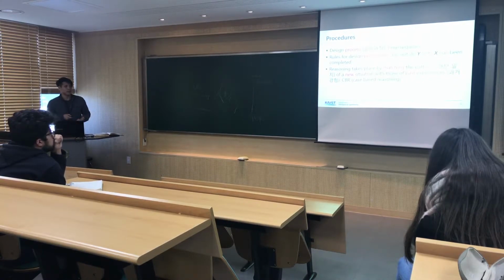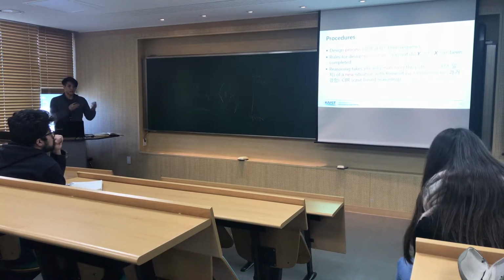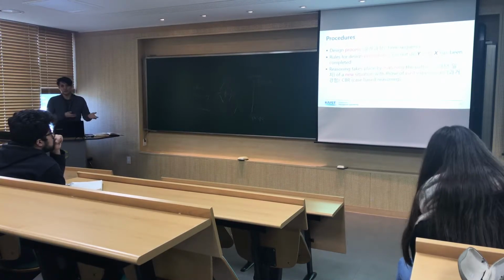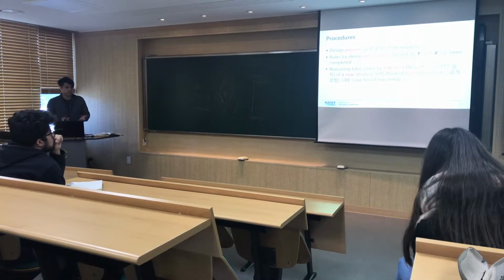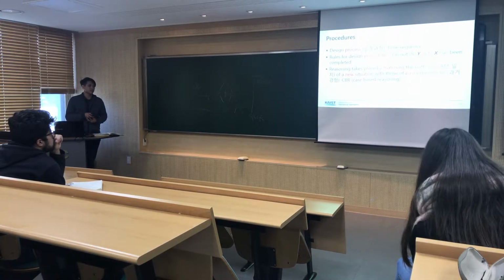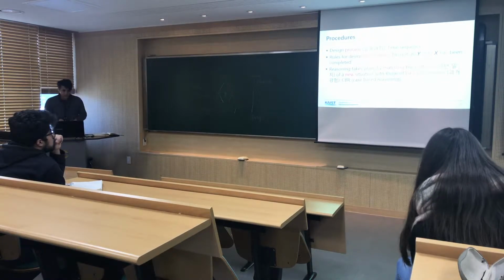So do not do Y until X has been completed. For example, before all the functions have been met, do not do the aesthetic design, or else if you do the aesthetic first, then we'd have to change the internal design again, and it's basically a waste of time. And reasoning takes place by matching the patterns of new situations with those of past experiences.